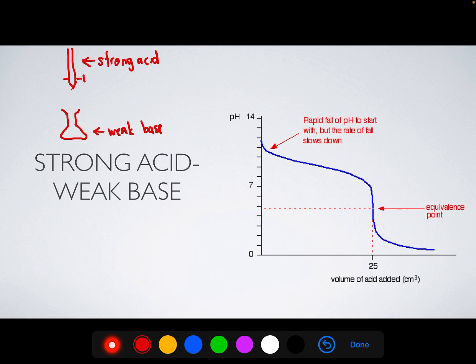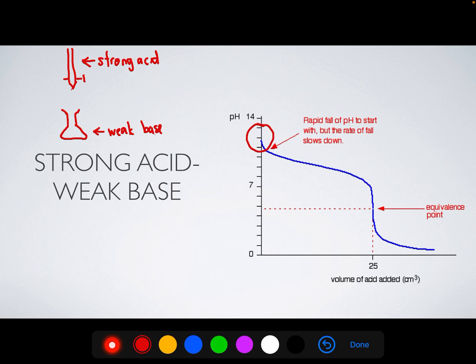Okay. Alright, so since weak base berada dalam kita punya conical flask, therefore kita punya initial point tu akan berlaku pada pH yang tinggi. Kalau tadi kita start dengan pH yang rendah kerana kita punya conical flask tu di dalam dia ada acid. Okay, sebab tu pH dia rendah.